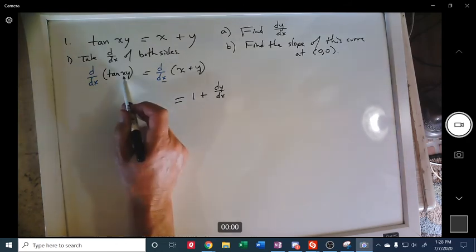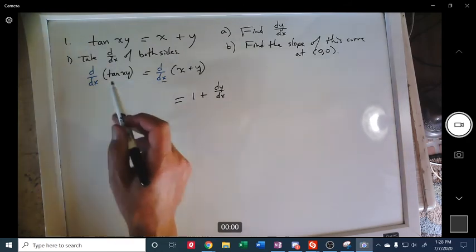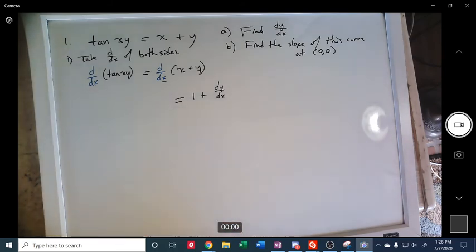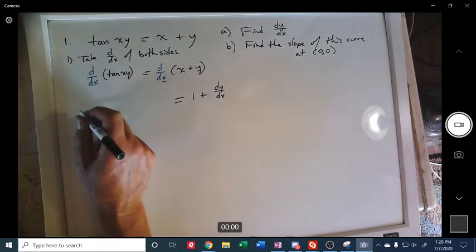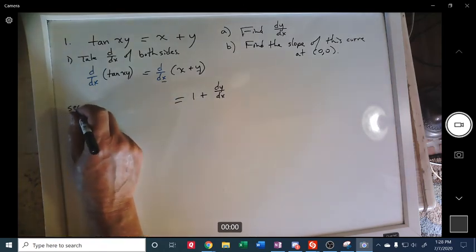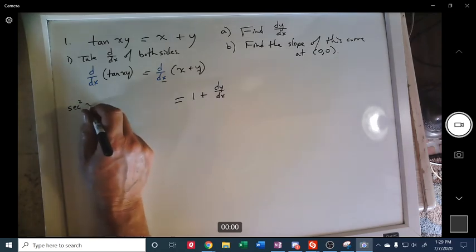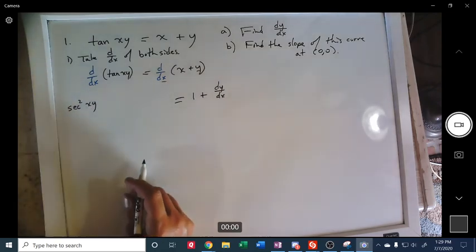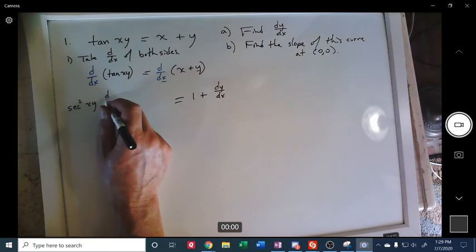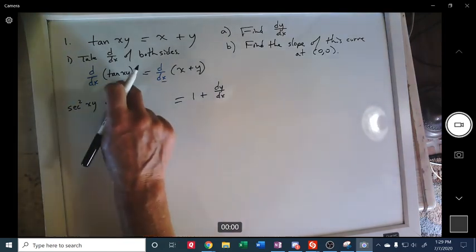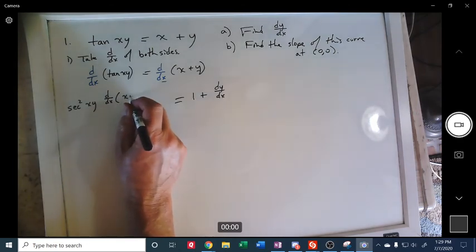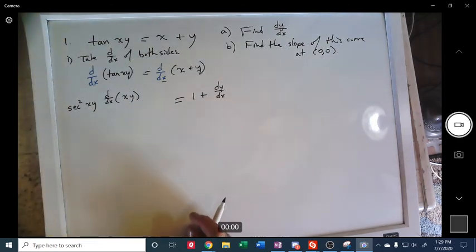And this is two different functions of x, because remember, y itself is a function of x. And so the derivative of tangent of something is secant squared of that something times the derivative. We have to chain along the derivative of the interior.